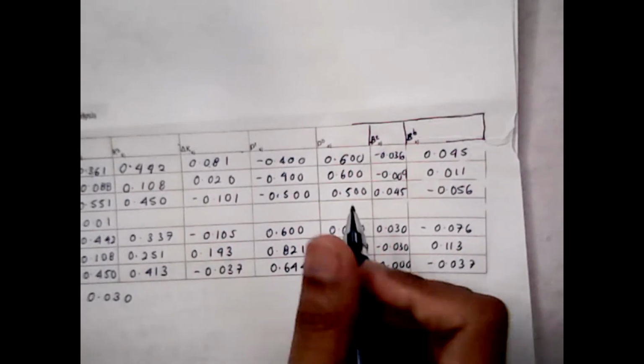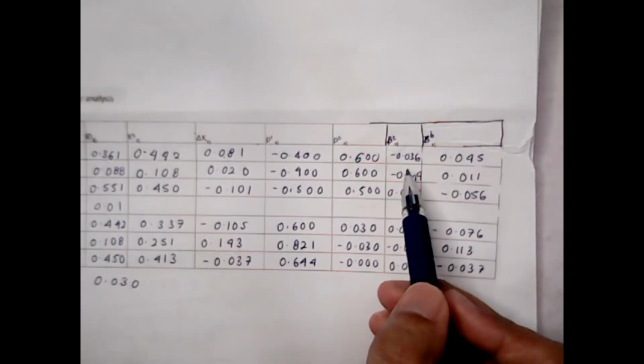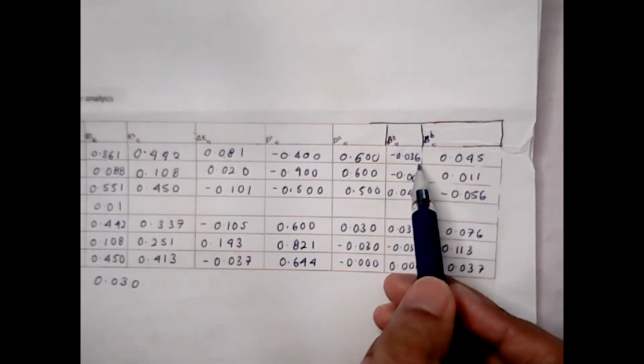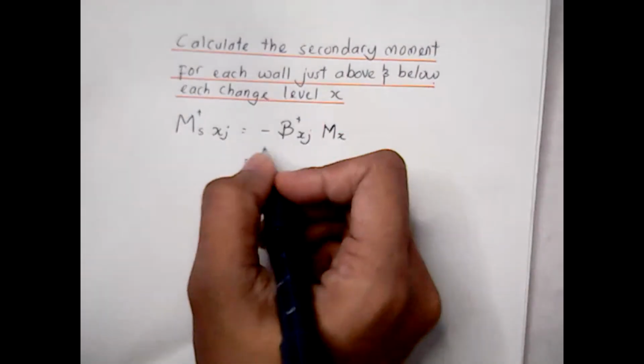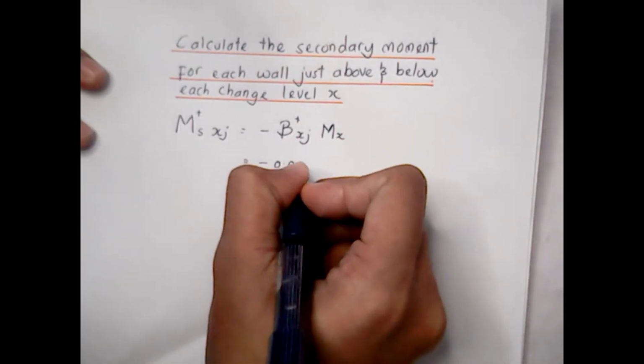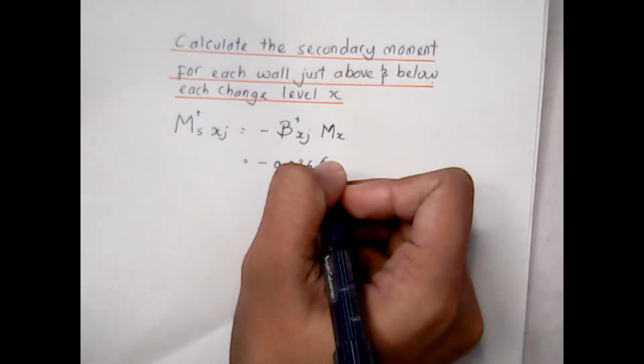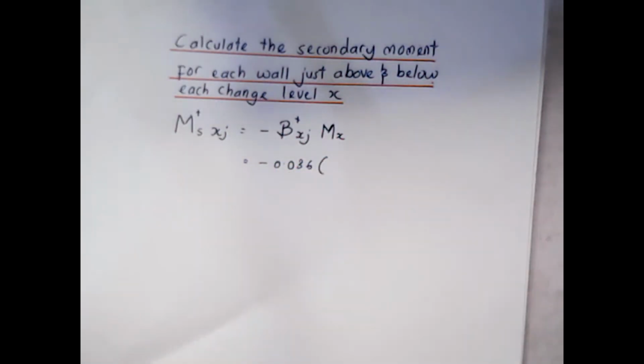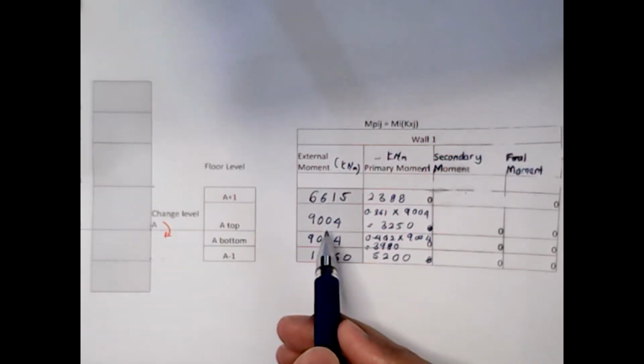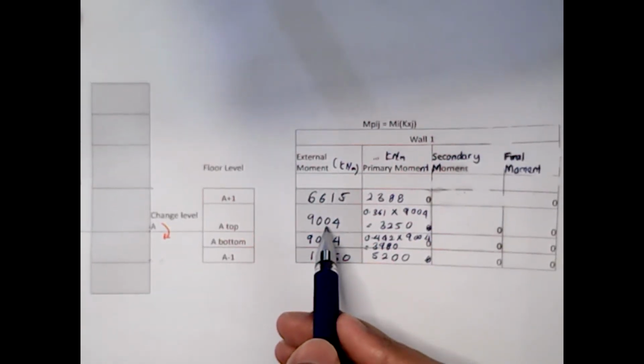If you look at the coefficient, which is negative 0.036, you can substitute here negative 0.036 times Mx. So what is the Mx value in our case? Mx in our case is 9,004 kilonewton meter.